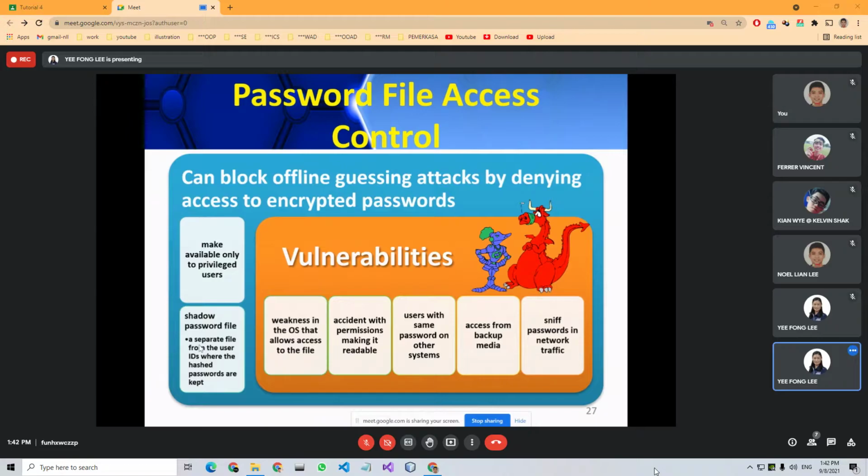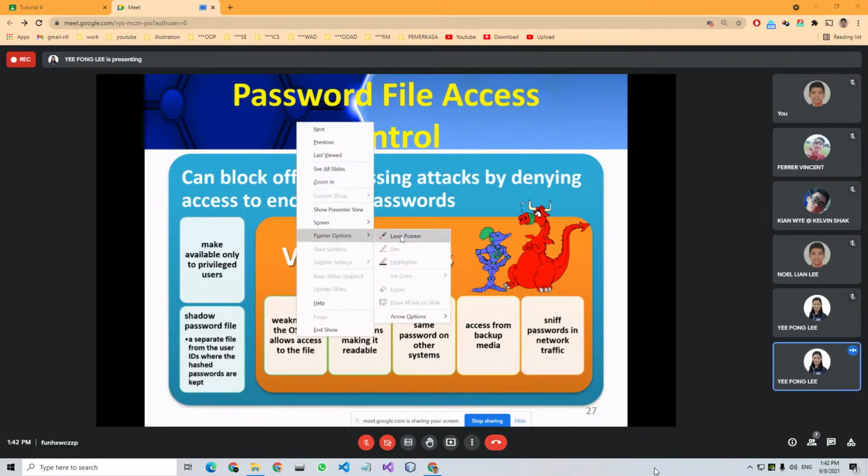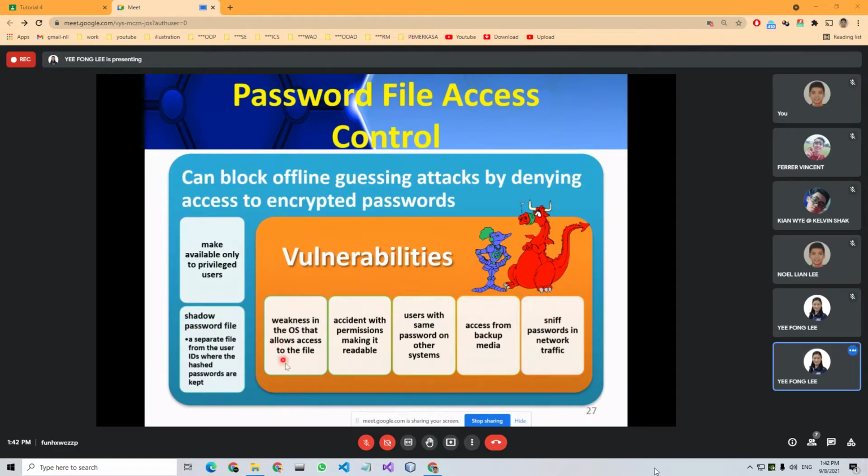In many systems, the hacker might use software to bypass the access control system without going through authentication. The hacker might also try to find weaknesses in the system. The first one here: weaknesses in the OS that allow access to the files.